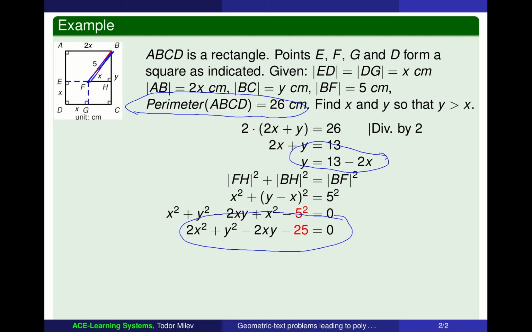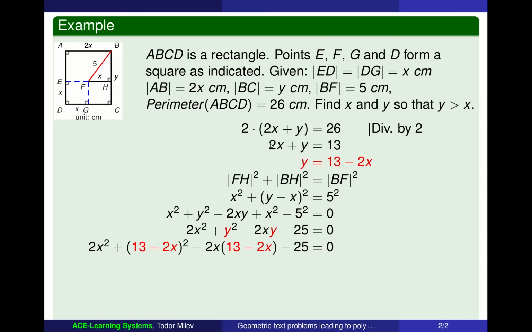So what I have is a polynomial system of two variables, the variables y and x, and two polynomial relations. This is the first equation, this is the second equation. Now, luckily for me, the first equation already tells me how to solve the system, because it tells me that I should take the variable y and replace it with 13 minus 2x. So that's exactly what I'm going to do. I'm going to take the variable y and simply replace it with 13 minus 2x.